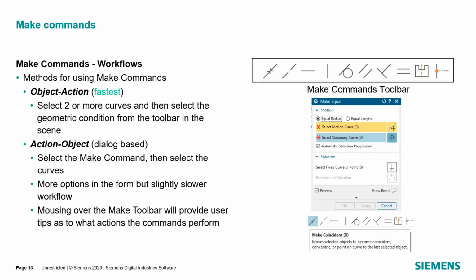And then you go ahead and pick the two objects. So either one is fine to operate. It's just knowing, number one, the object action is quicker for you as a user. And number two, the first object that you select, that's what's going to move on screen. So those are a couple of things just to keep in mind as you apply those.